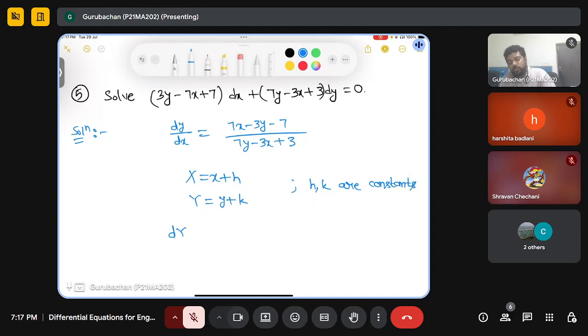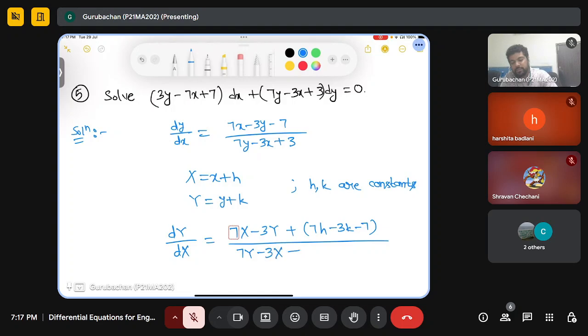What will happen? This will convert into dy by dx is equal to 7x minus 3 capital Y plus 7h minus 3k minus 7, and here it will be 7y minus 3x plus 7k minus 3h plus 3.